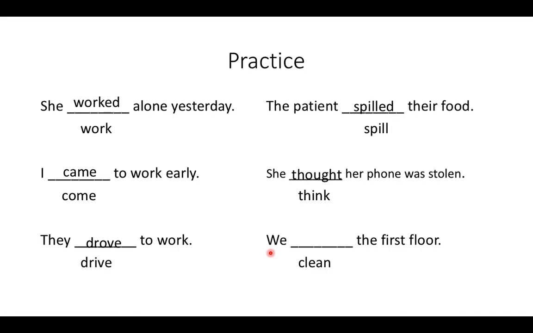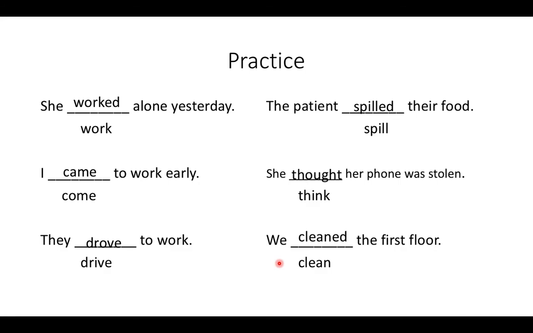The next verb, we clean. That's the verb, the first floor. So if we said we clean the first floor, that would be present tense. It means that we, whoever the we is, whether it's you and your coworker or you and the entire group that you work with, clean the first floor all the time.